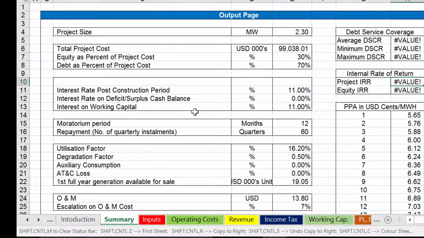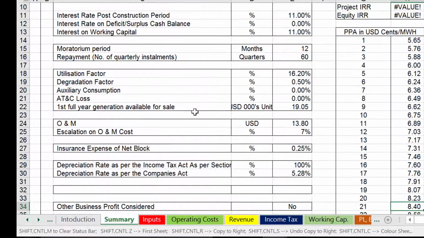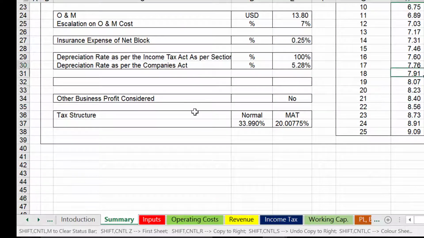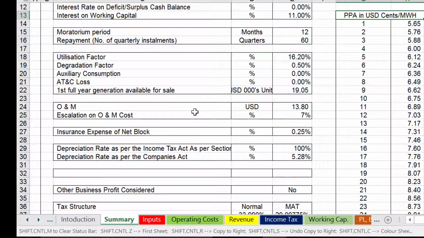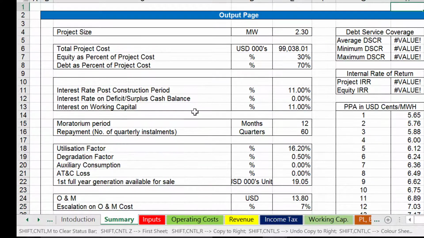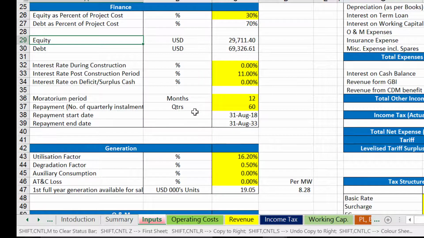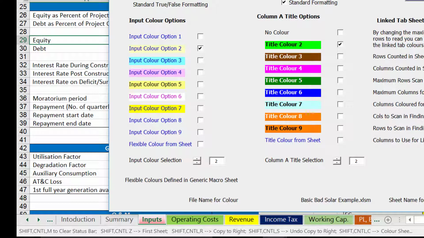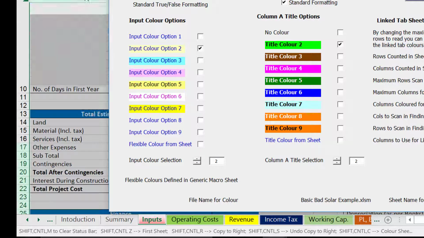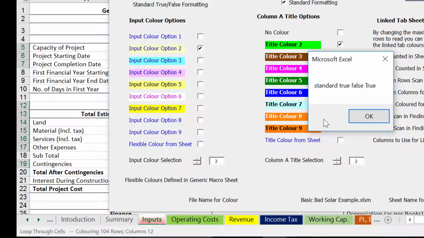Tried to understand that from looking at the model. And then in the input, that's the summary page, excuse me, in the input, which, let's press Shift Alt C, and let's not include the columns, and let's do the inputs right.